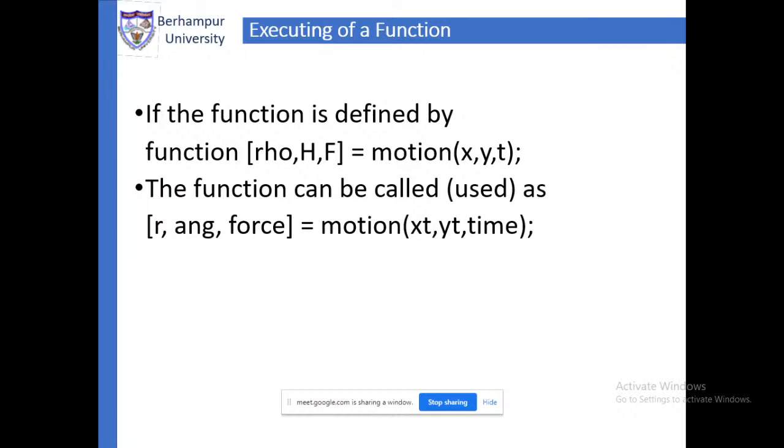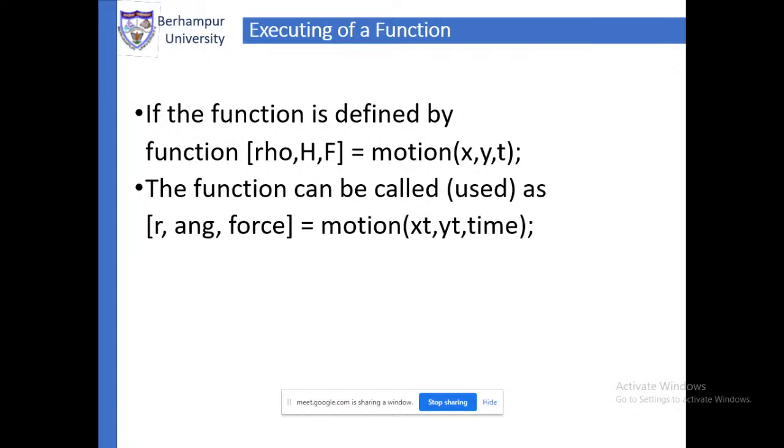Now compare the fourth line with the second line. In the second line, we are defining a function rho, H, F. So the function is going to give you three outputs. Here those three outputs are R, angle and force.